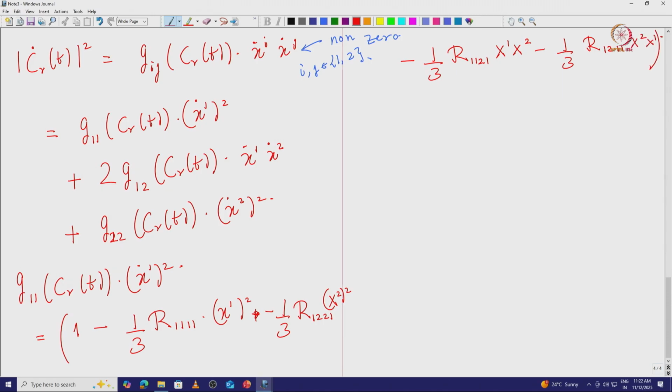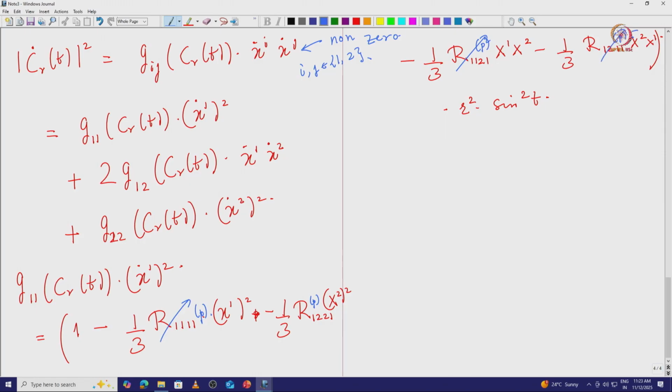Okay, this whole thing multiplied by x1 dot squared. Well, x1 is r cos t, so x1 dot squared will be basically r squared sin squared t. Now, of course these are curvature tensors at P. By the symmetries of the curvature tensor, this is 0, similarly this is 0 and this is 0.